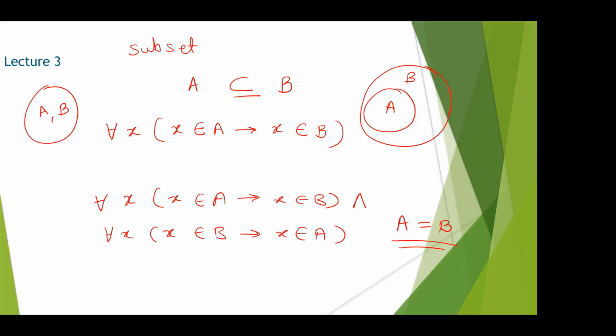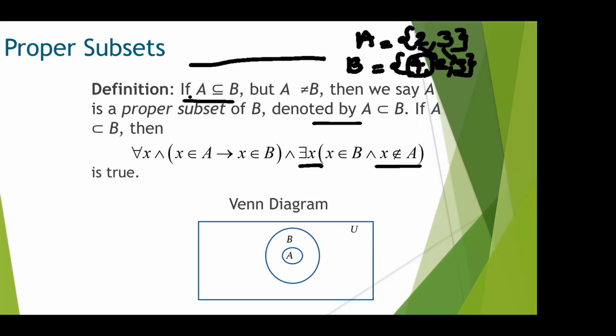Now there is the next definition, which is proper subset. In a proper subset, equality is not possible. So we want this part of the definition, that for all x, whenever x is a member of A, that implies x is a member of B. But we want to get rid of the equality.